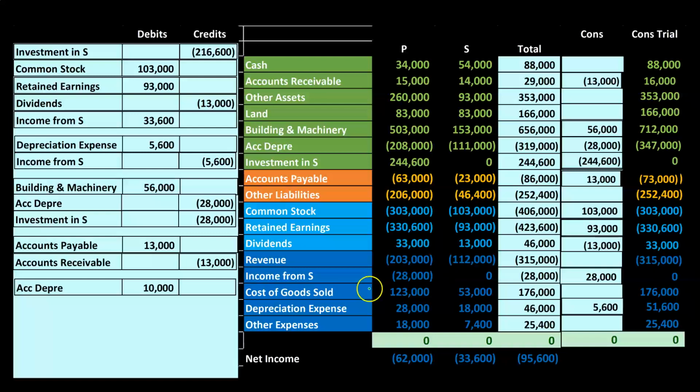But they're going to have to give it to you if they make the problem go out more than 1 year, which we're basically doing here. Why? Because we want to focus in on that accumulated depreciation. All right, so then this standard journal entry is going to be the accumulated depreciation, then going down, the other side then going to the building and the machinery. So we've seen that before.